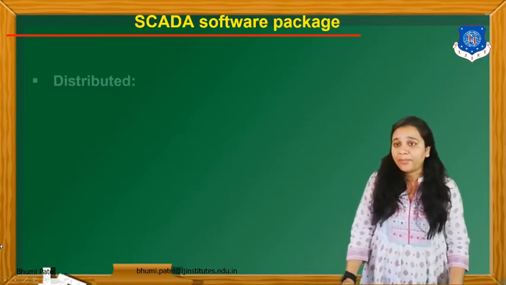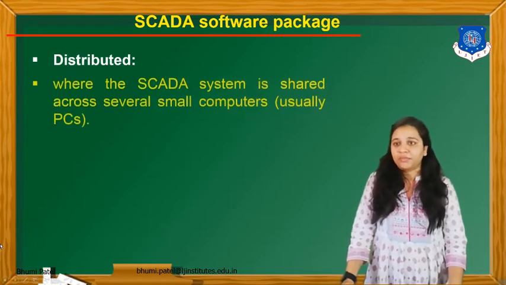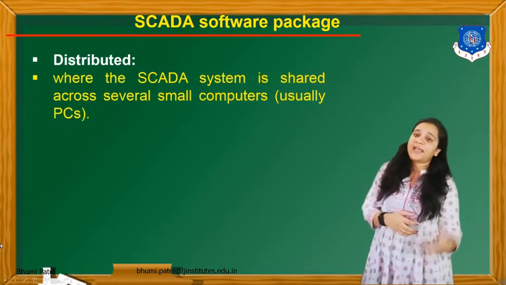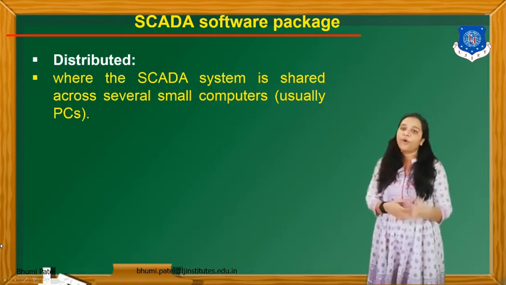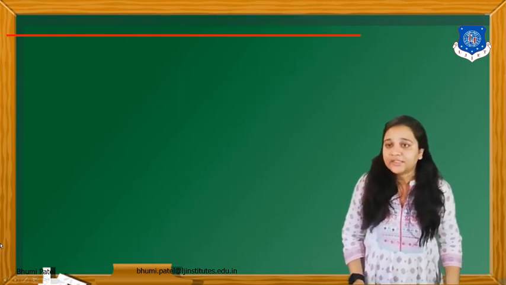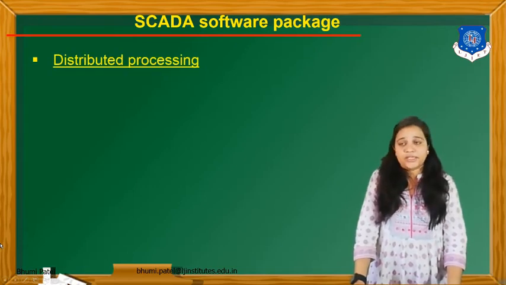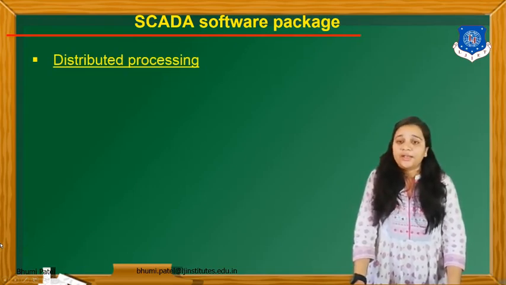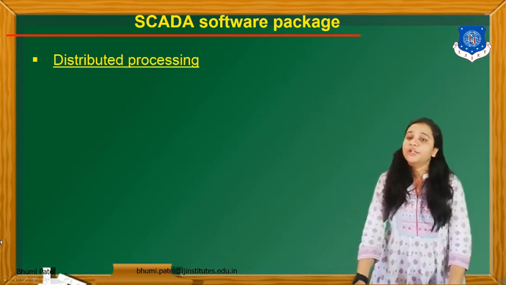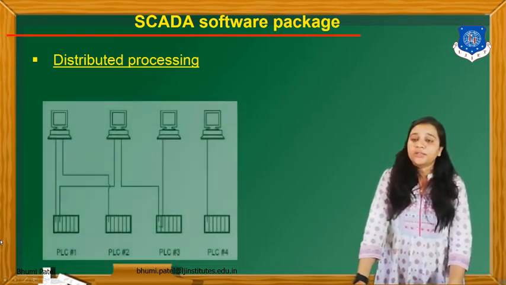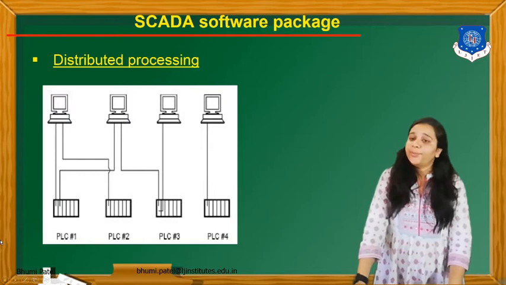Now the second approach is the distributed system, where the SCADA system is shared across several small computers. This is known as distributed processing. As you can see, in distributed processing more than one master computer is connected.